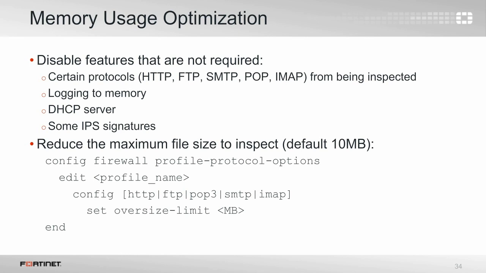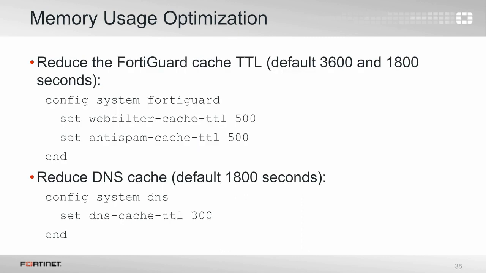Another recommendation is to reduce the maximum file size to inspect, which is set to 10 megabytes by default. This value can be reduced to 2 or 3 megabytes without significantly reducing the virus catching rate. Additionally, you can reduce the amount of memory allocated to some caches, such as the ones for FortiGuard and DNS.